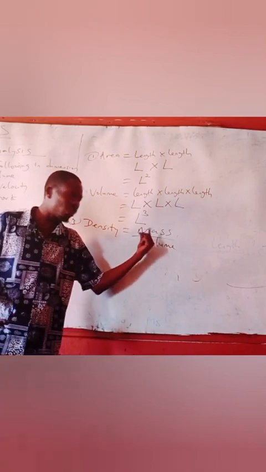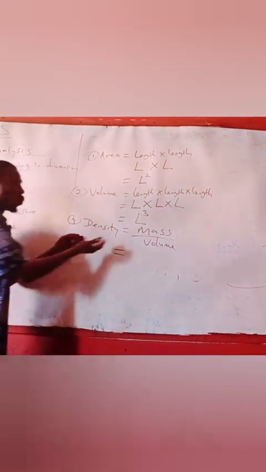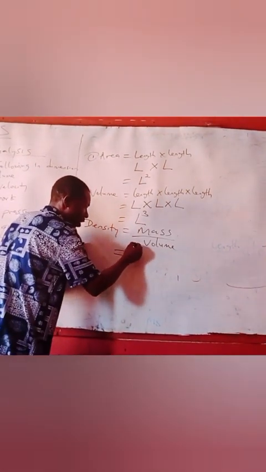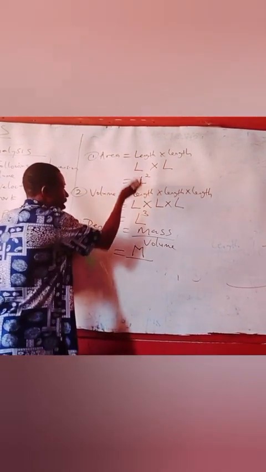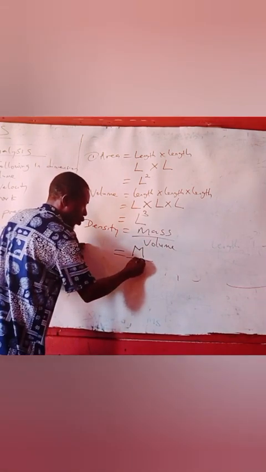Since density is described as mass per unit volume, to find the dimension of density, what will be the dimension of mass? We already know that the dimension of mass is capital M, over the dimension of volume, which, as earlier said, is L cubed.